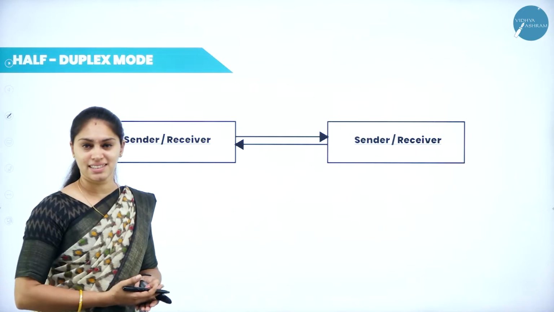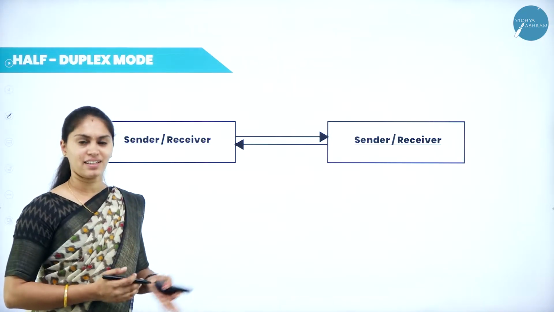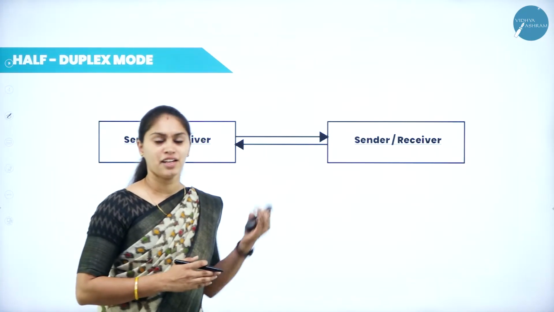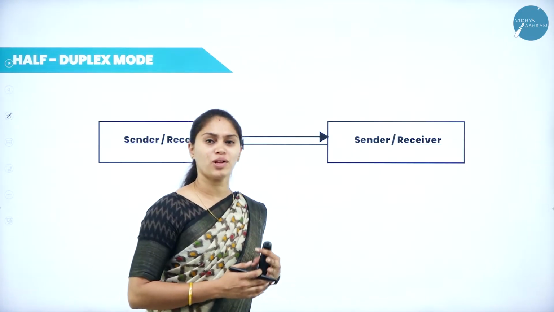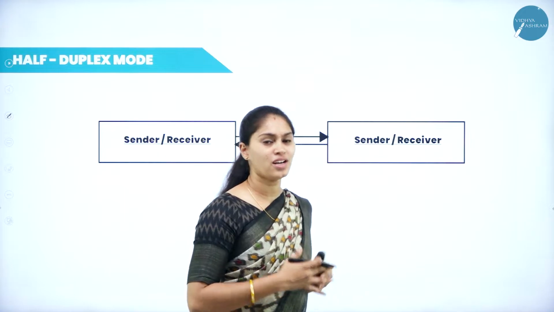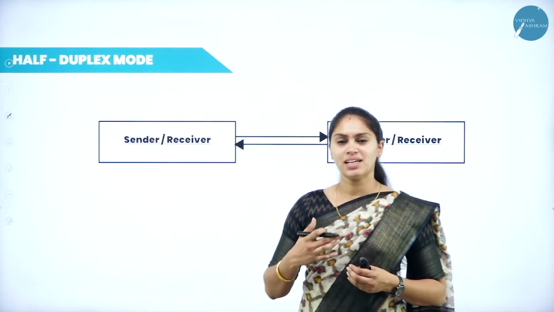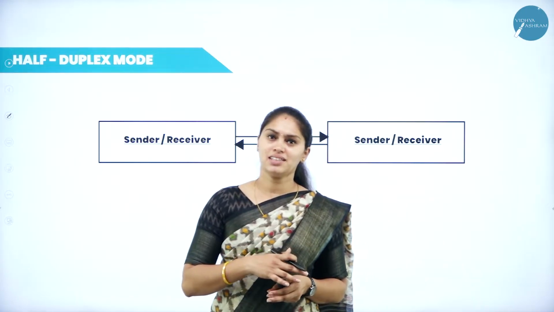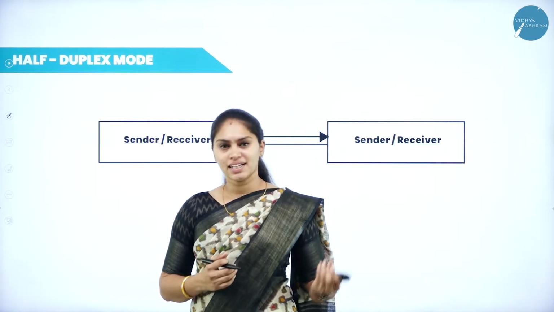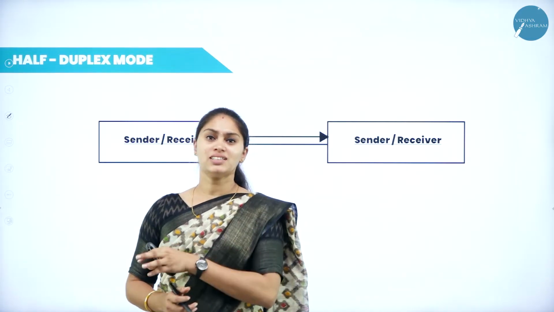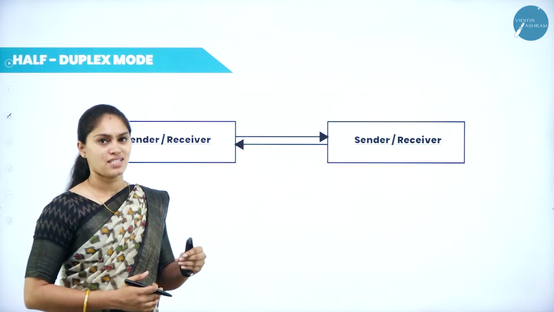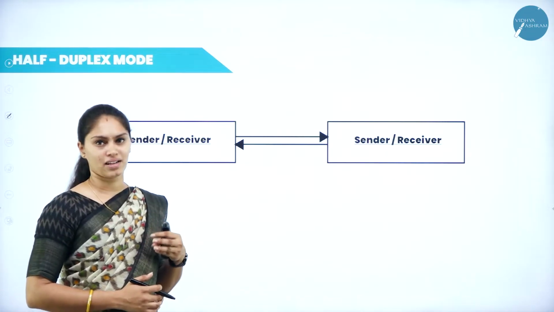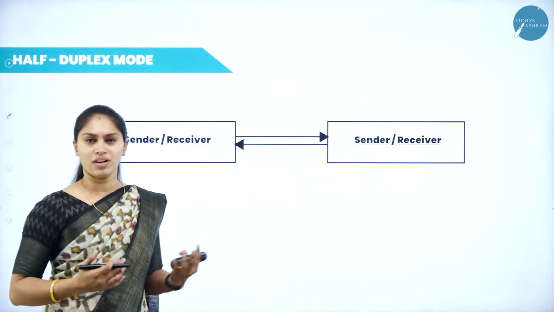The best examples are the railway track along with the walkie-talkie. With a walkie-talkie, the data can be sent from the sender and received by the receiver, and the receiver can respond back, but first they have to listen to the sender, and only then can they respond back. That is how a walkie-talkie works, right?